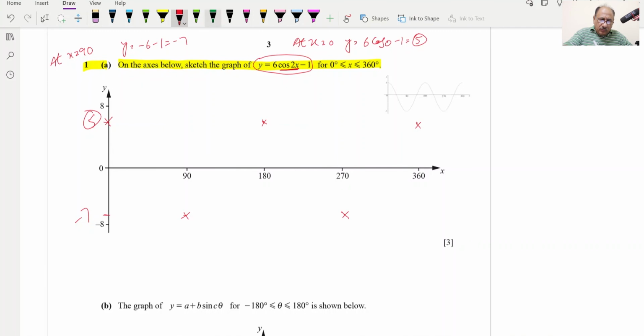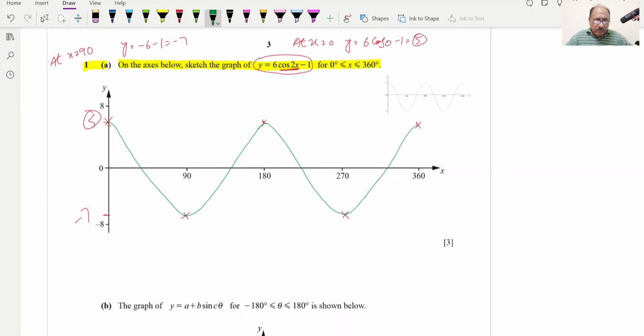Now we have to draw the curve, and it will be a symmetric curve. We can draw it like this, up to this, and then it will be curving like this, the cos graph, and bending again it will be reaching over here.